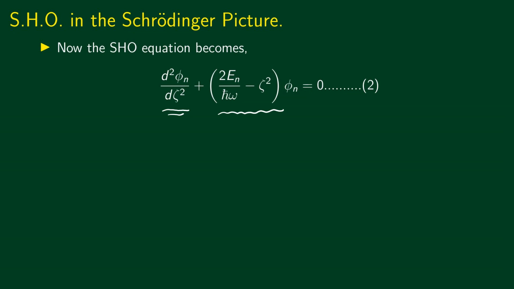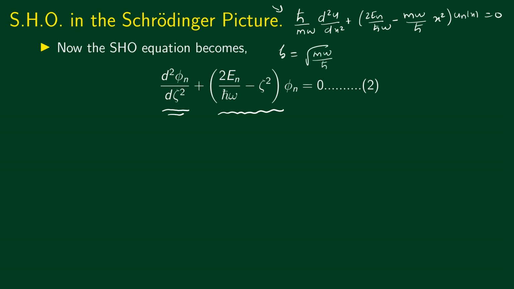We had already brought our equation to the form h bar divided by m omega d square u by dx square plus 2en by h bar omega minus m omega by h bar x square, multiplied by un of x, equal to 0. We had brought our time independent Schrodinger equation to this form, and we made the substitution that zeta is equal to square root of m omega by h bar multiplied by x.